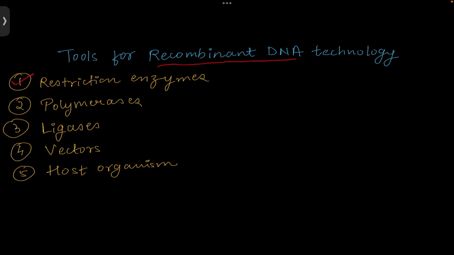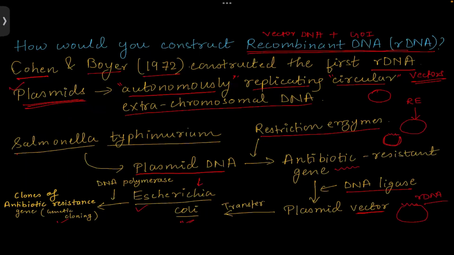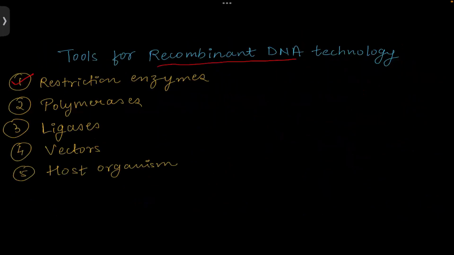In this example, the restriction enzyme was used to cut the plasmid DNA. So you need a library of restriction enzymes, and you also need to understand how these enzymes are going to cut, and what type of DNA sequences these enzymes are going to target. You need to have a complete knowledge of that.